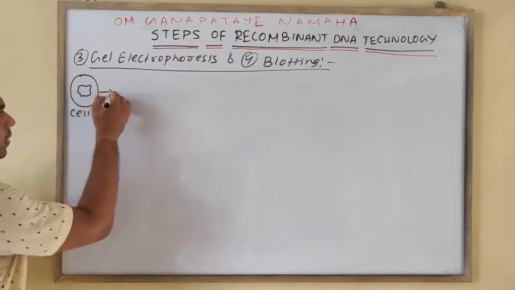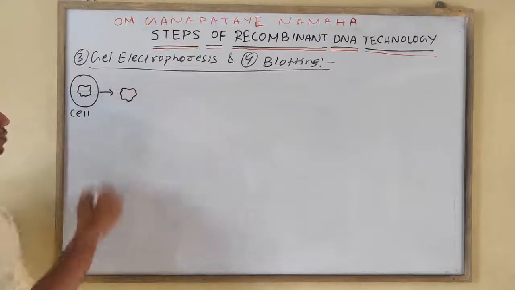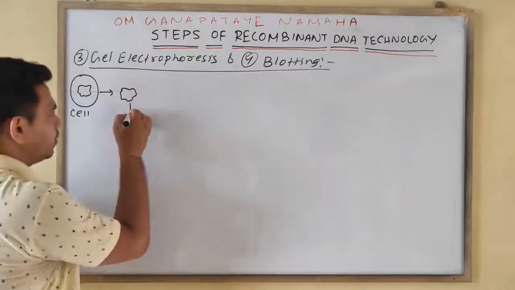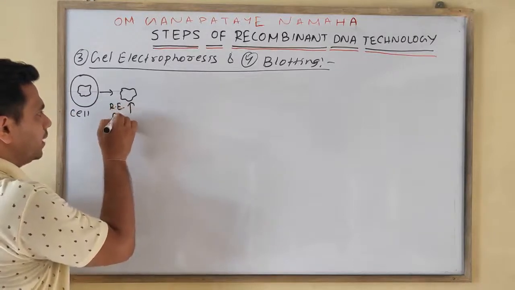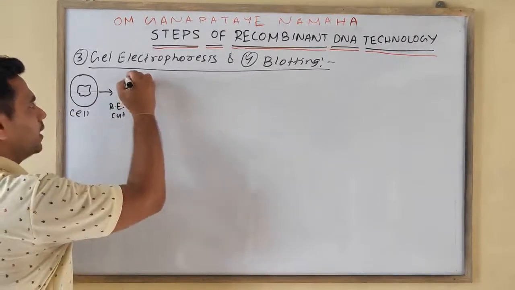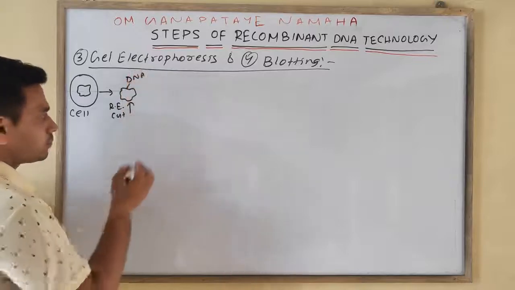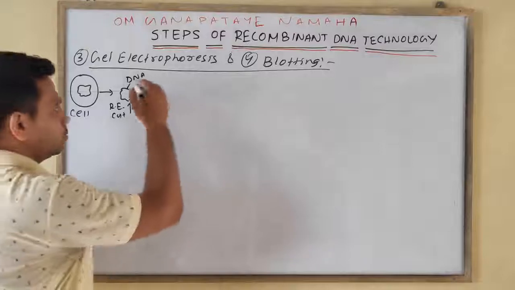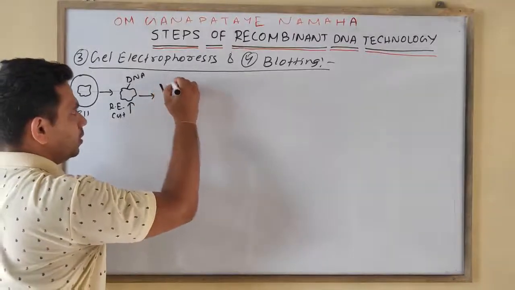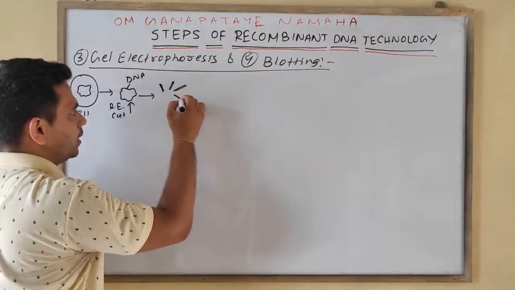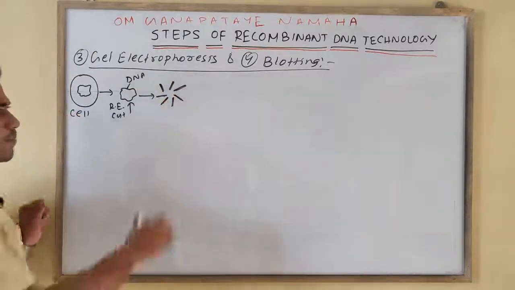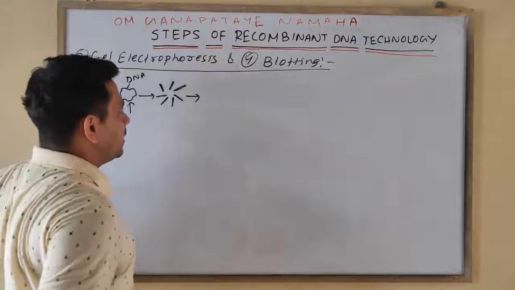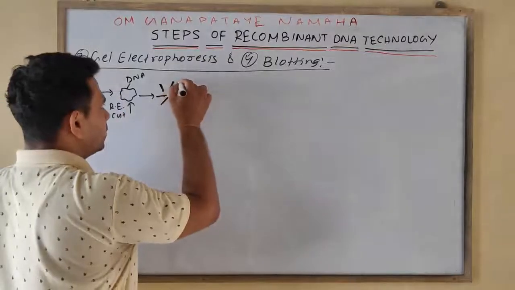Then this DNA is isolated, and by using restriction endonuclease it is cut into various DNA fragments. Simple. Now, next, these are the DNA fragments.